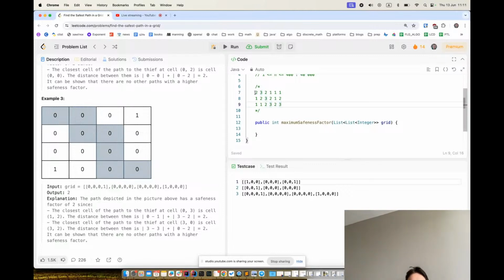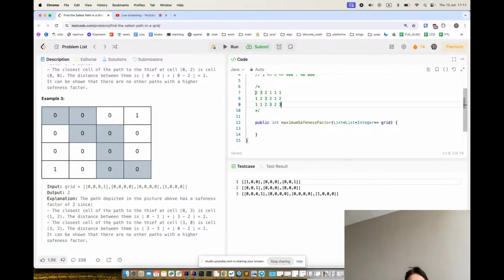Yeah, so I start with 2, then go to 3, then I go to 2, then to 3. Here I can go to 2, here to 2, here to 3, 2 and 3.